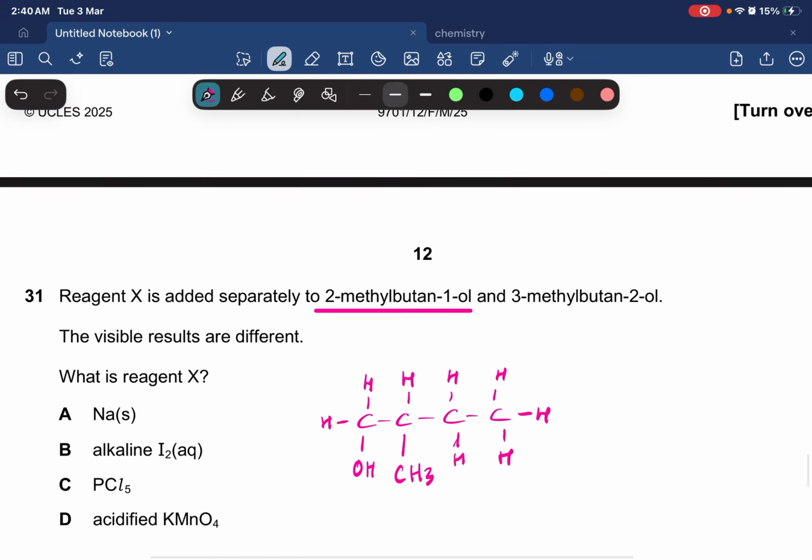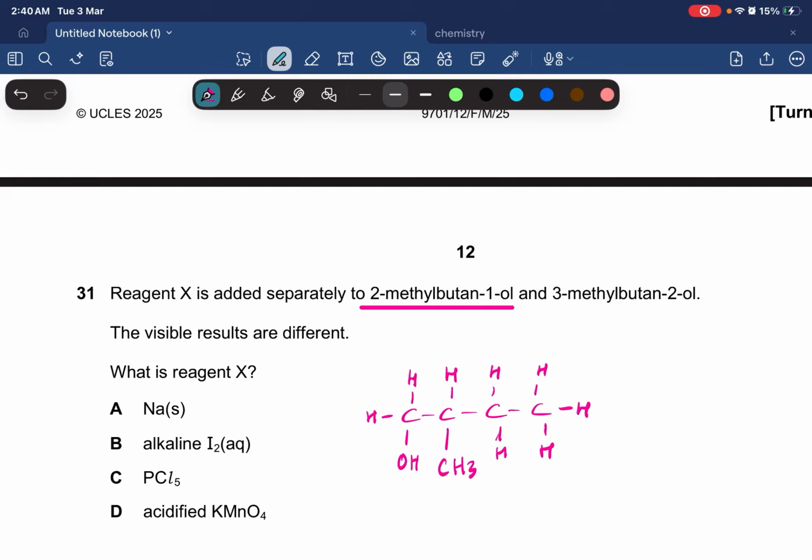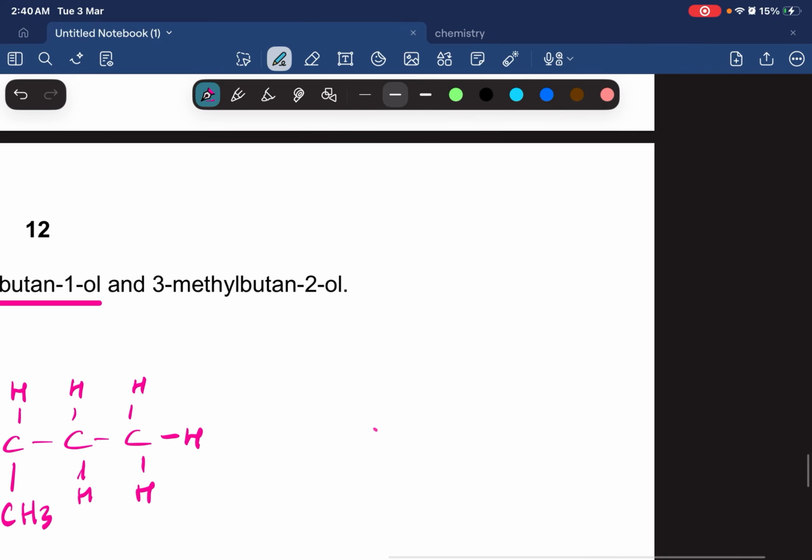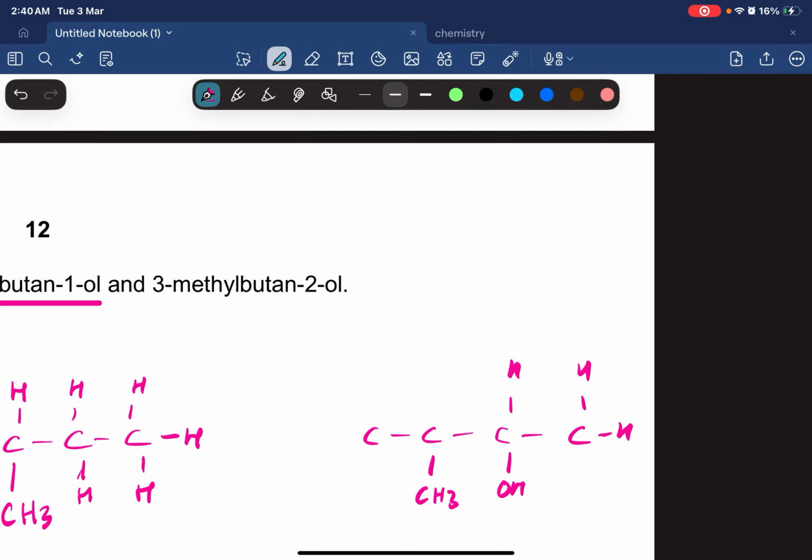Okay. And then 3-methylbutan-2-ol. 1, 2, 3, 4. 3-methylbutan-2-ol. Oh my god. You know which reagent is going to give you a different test?